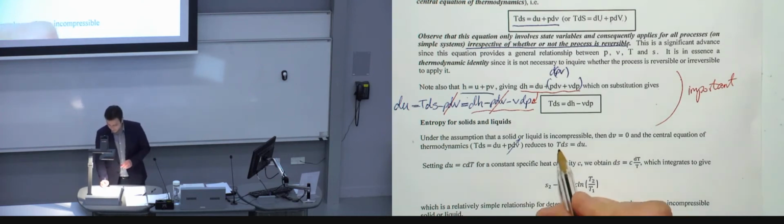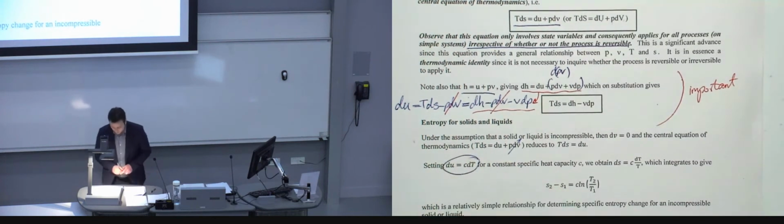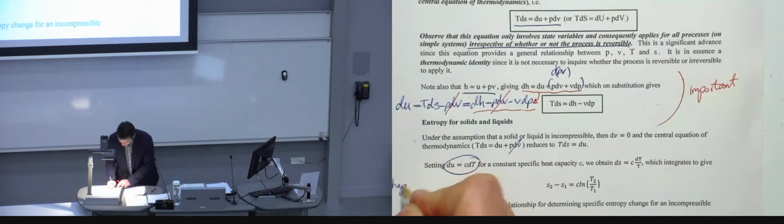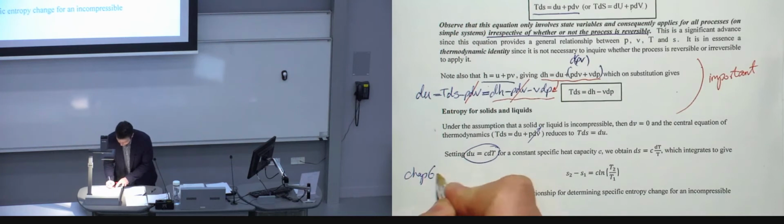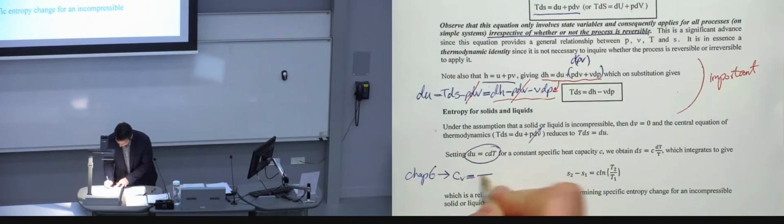So your equation is simplified to TdS equals dU. Also, something else that we know is this. You may not remember this equation, but in fact, if you look at chapter 6, we introduced Cv, for example, defined as dU/dT.